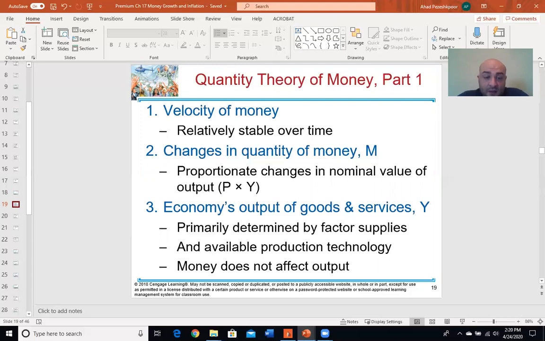You have to see. Changes in quantity of money, M, is proportionate changes in nominal value of output, P multiplied by Y. Economy's output of goods and services is primarily determined by factor supplies and available production technology. Money does not affect output.